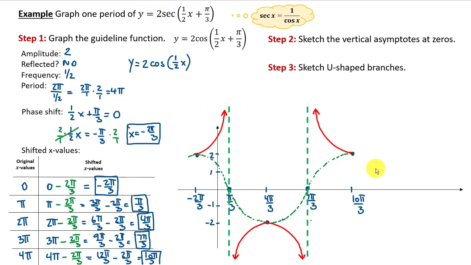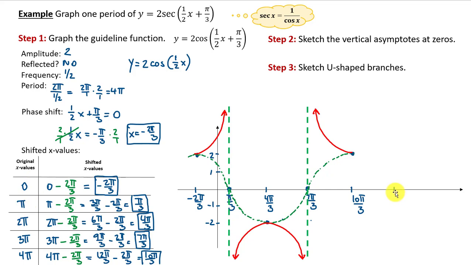Now, if you really want to have another full branch, then you need to extend the guideline graph until the next 0 on the right-hand side or on the left-hand side. Since I have some space on the right, let me just demonstrate how it's done. Well, I can see that in between 2 key values, I have exactly pi units. And that's actually what we already figured out at the time when we graphed the guideline function.